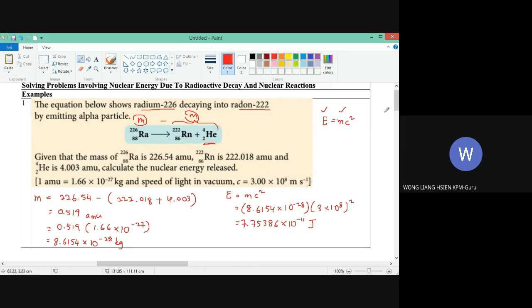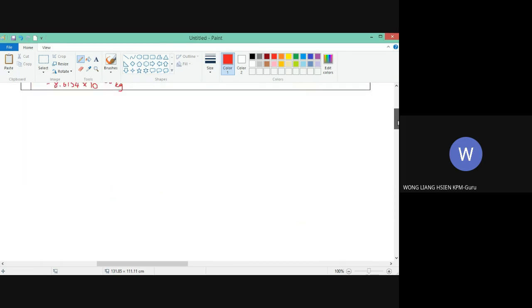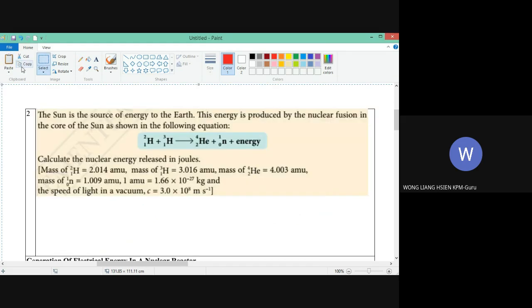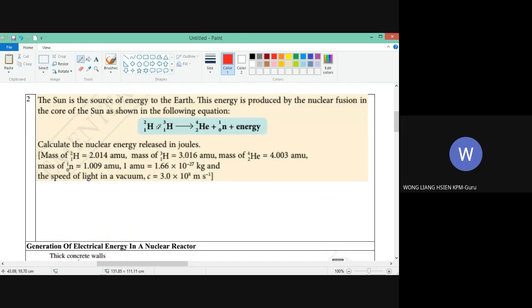Okay, let's look at another example. Example 2. The sun is the source of energy to the earth, and this energy is produced by nuclear fusion in the sun, shown in the following equation. Calculate the nuclear energy released in joule.